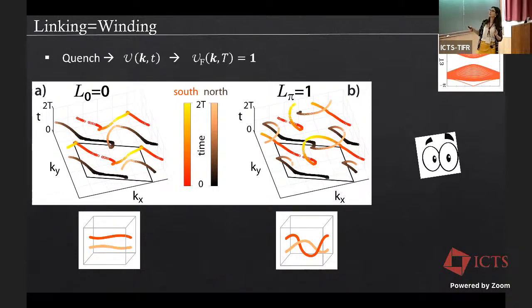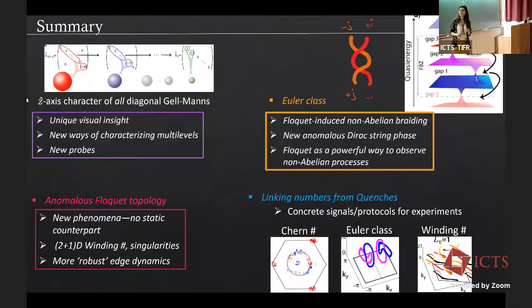There is no winding number in the zero gap, but the winding number in the pi gap is 1. When we concentrate on the zero gap, these inverse images don't link. They look something like this in my three torus. And if I look at the winding number in the pi gap, they link something like this. So it tells you that the winding number can be expressed as a linking number.